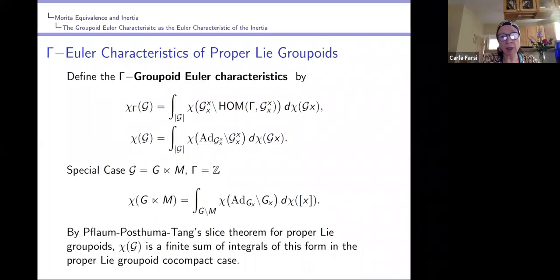You take the stabilizer of a point x, you divide out by the adjoint action, and then you integrate over M over G.